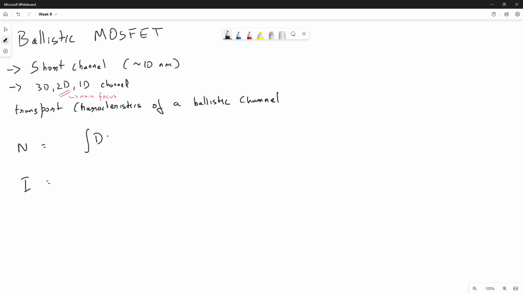So this is the integral of D(E) into F1 of E plus F2 of E divided by 2, dE.